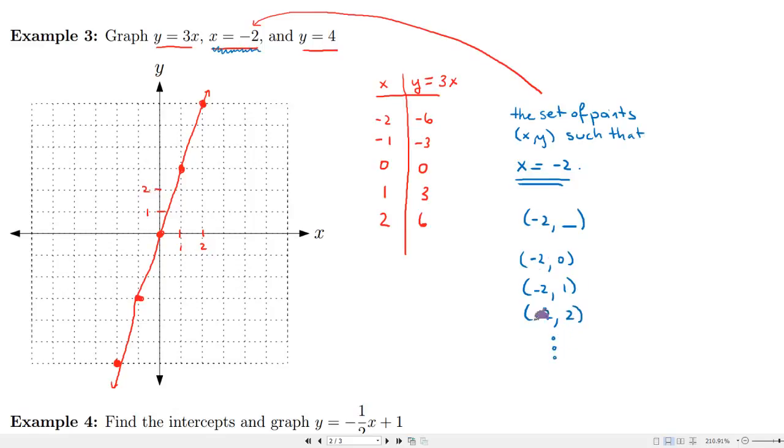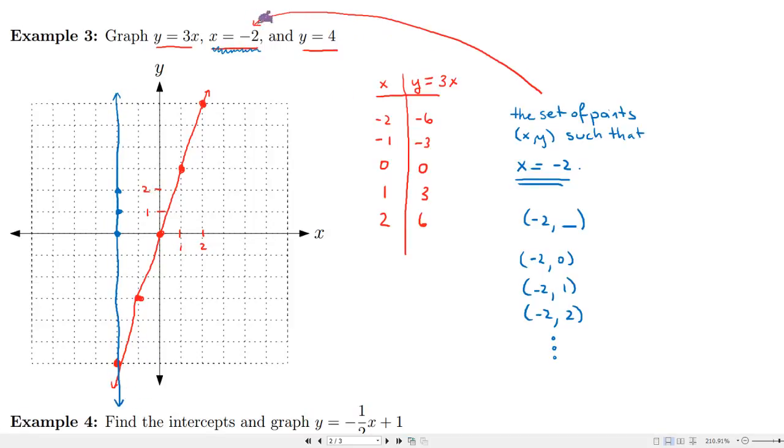So there's going to be also infinitely many points. So what would that look like over here? Plotting this, -2, 0, -2, 1, -2, 2. So you see, you're just filling in all the points where the x value happens to be -2.